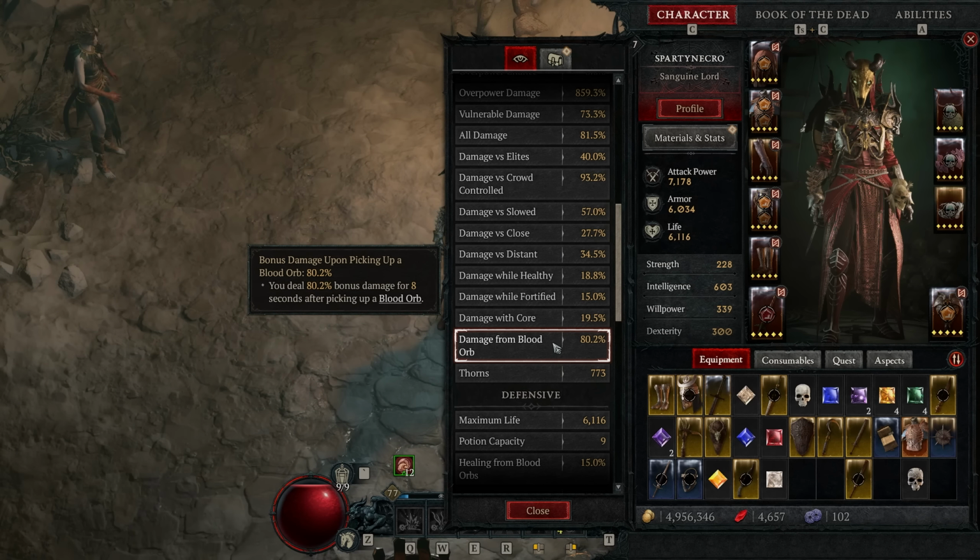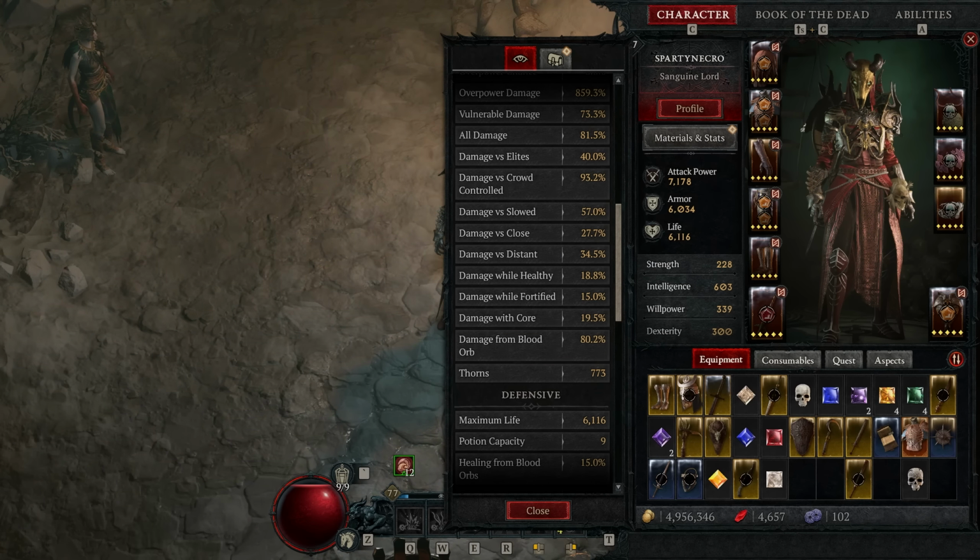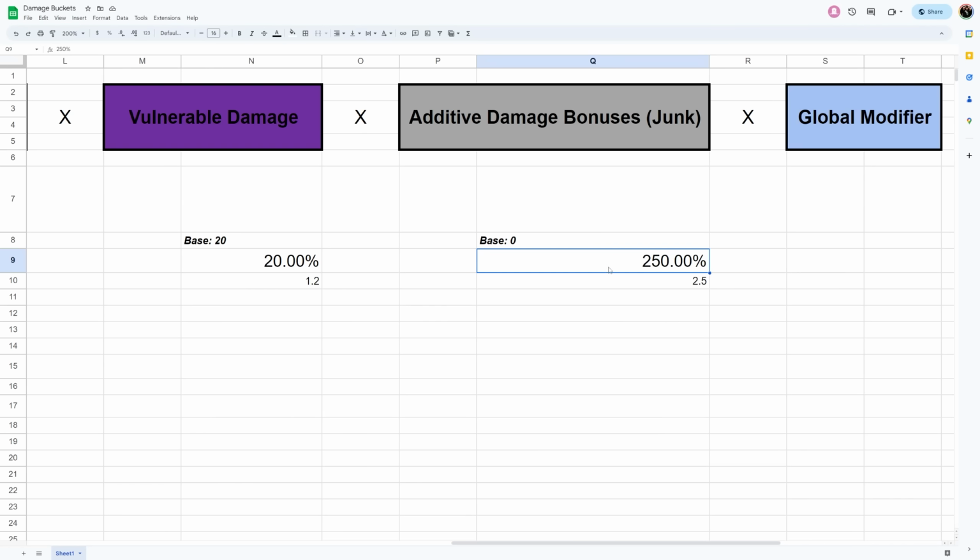You'll add each one of these percentages up, and then it gets put into this equation right here. It has a base of 0, right? Because if you don't have any affix that increases those bonuses, then you don't get the bonus. So let's just say then it's 250%, which equals 2.5.